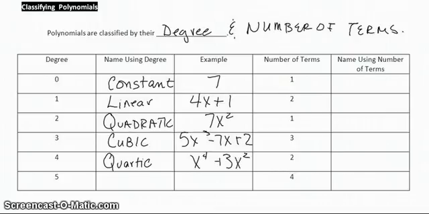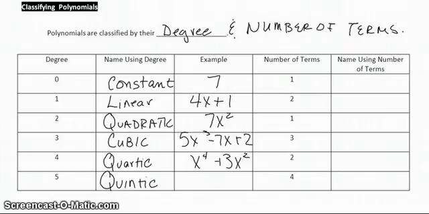Now, 5. Does anybody out there know what we call when we have 5 babies born at the same time? They're quintuplets, so this is quintic.